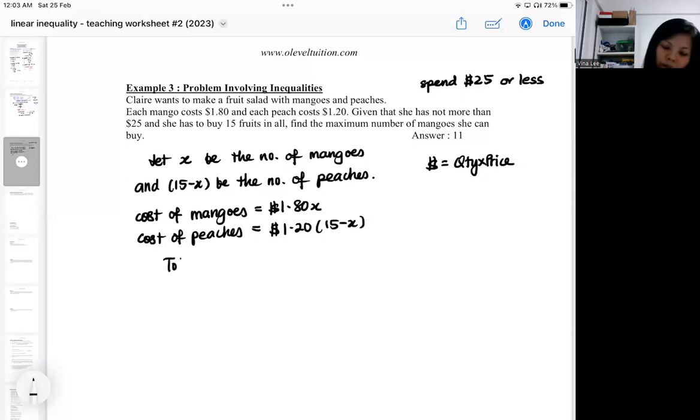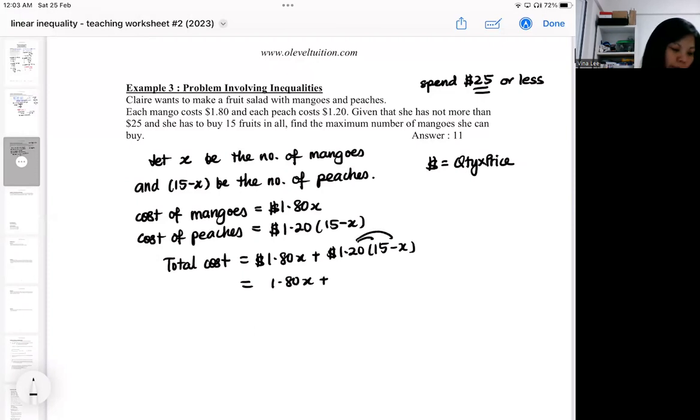So we would like to find out the total cost because the total cost is limited by the $25. So the total cost will be 1.80x plus this. So you can do some algebra. So 1.80x, you can expand out the bracket.